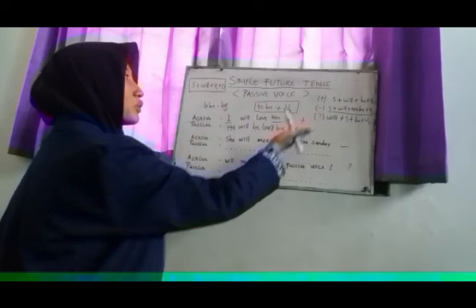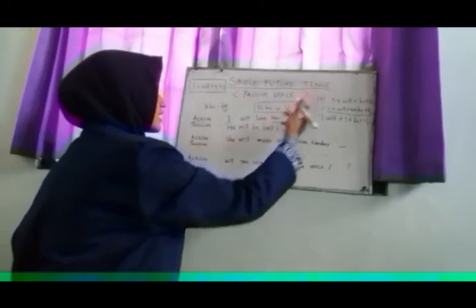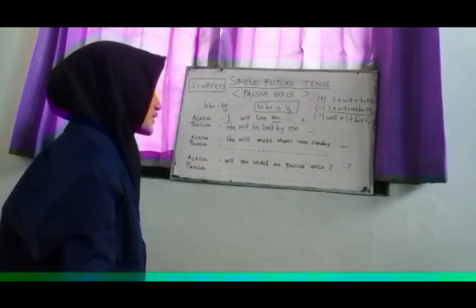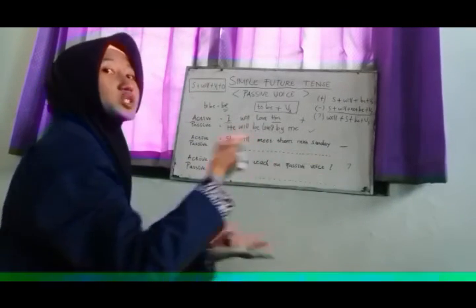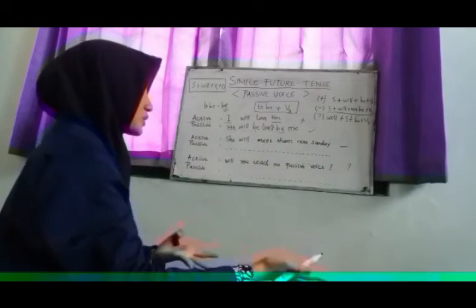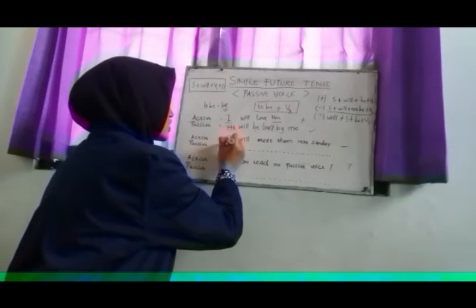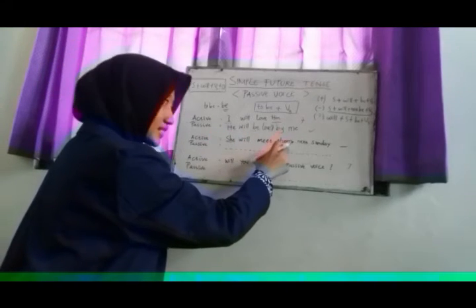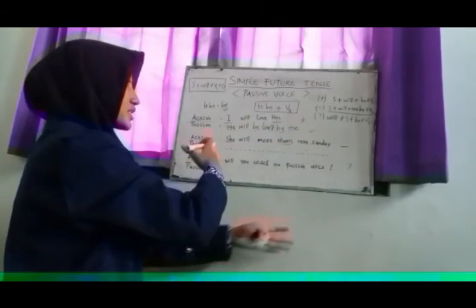We just follow this formula. Because this is the passive voice, we are going to switch between subject and object. She and them. This is subject, this is object. So we need to switch.